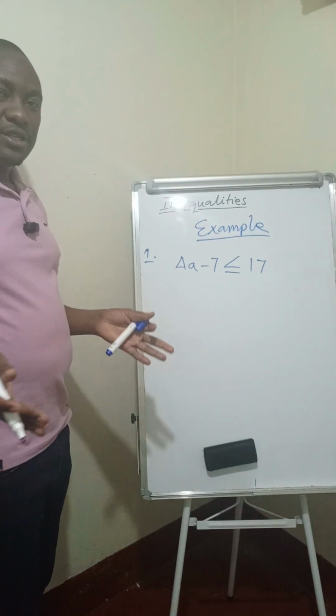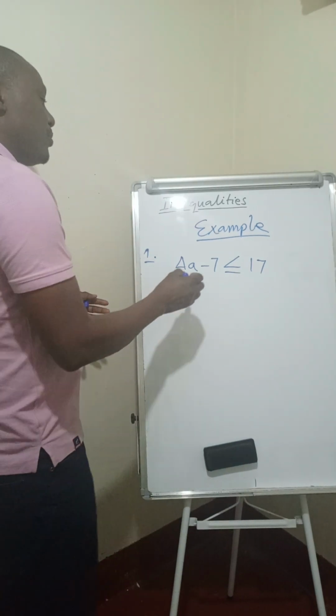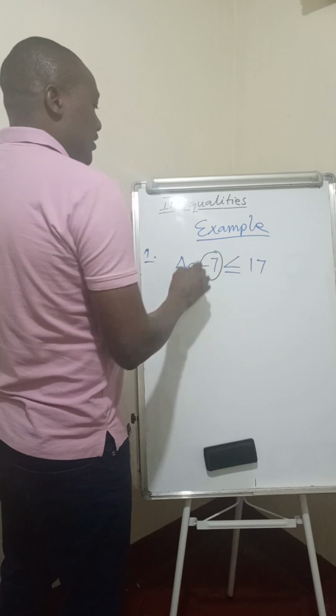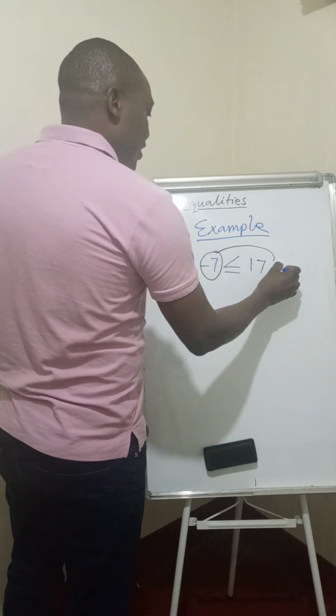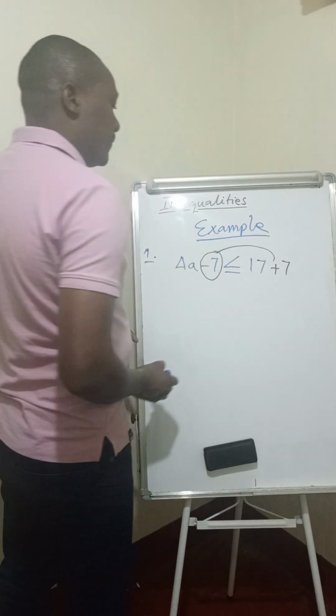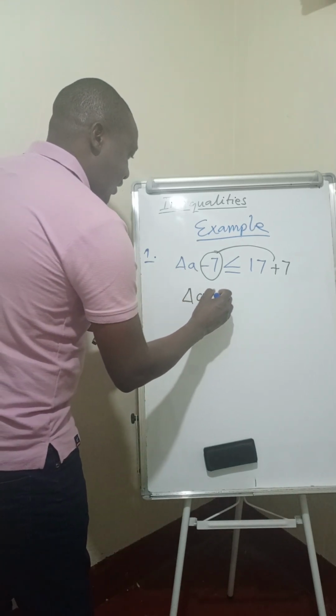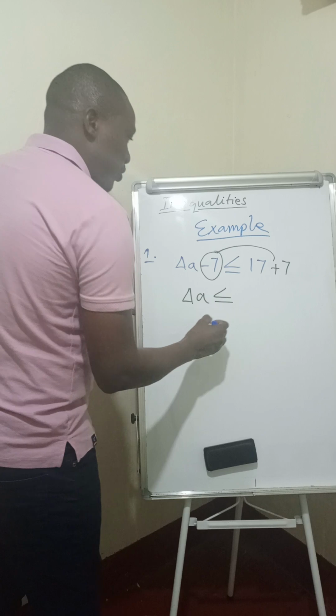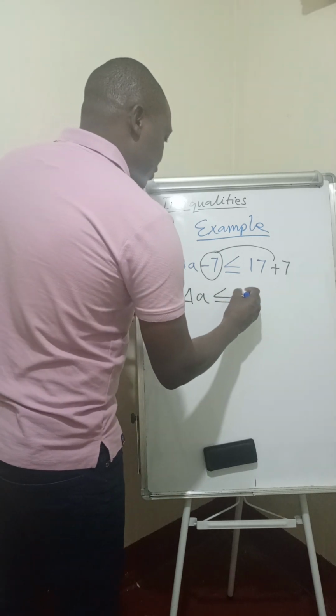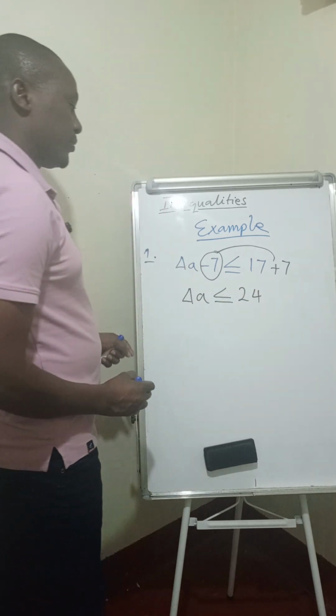As always, the rule, we begin by collecting the like terms. So we shall have our positive 7 here. So we have our 4a is less than or equal to, this will give you 24.